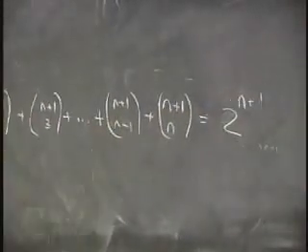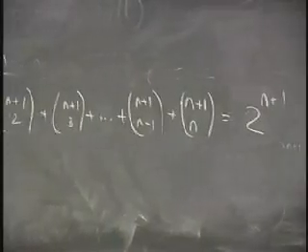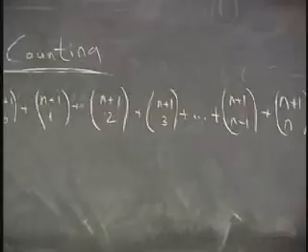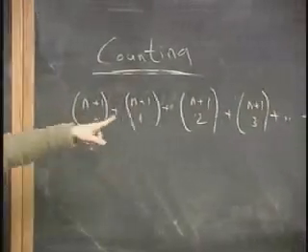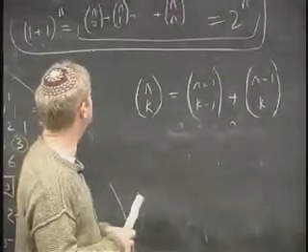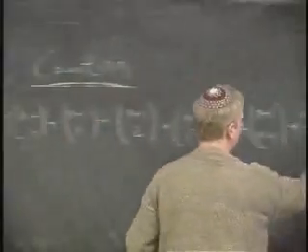This is what we want to prove. Everyone agree? I just took the formula before and replaced n with n plus 1. Now I don't know this is true. I know the earlier one is true by my inductive assumption, and I'm going to try to prove that this is true. No, we want to add an n plus 1 choose n plus 1. The last term is n plus 1 choose n plus 1. Right. Thank you.